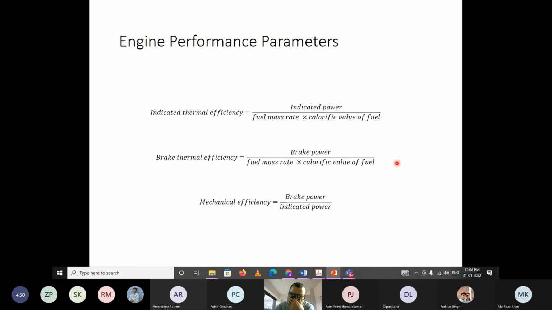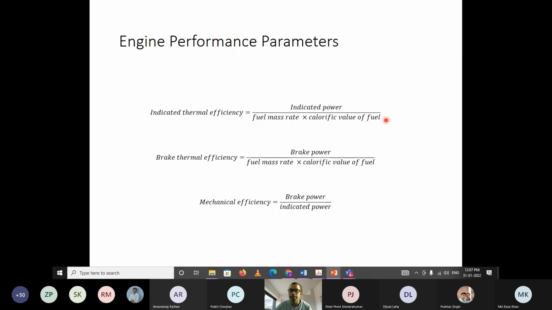Indicated thermal efficiency, or thermal efficiency, is defined as output divided by input. In an engine, the input is the mass flow rate of the fuel times the calorific value of the fuel. That gives how much energy you are giving as input.